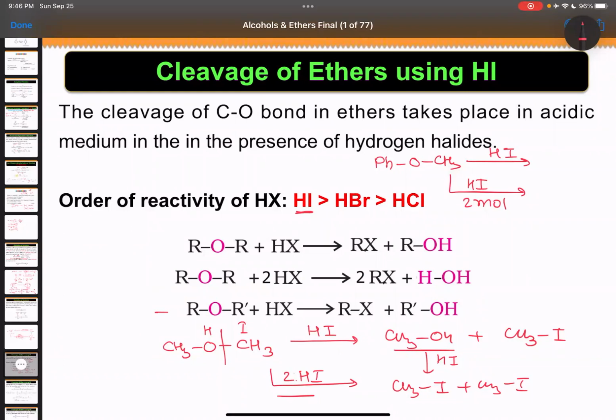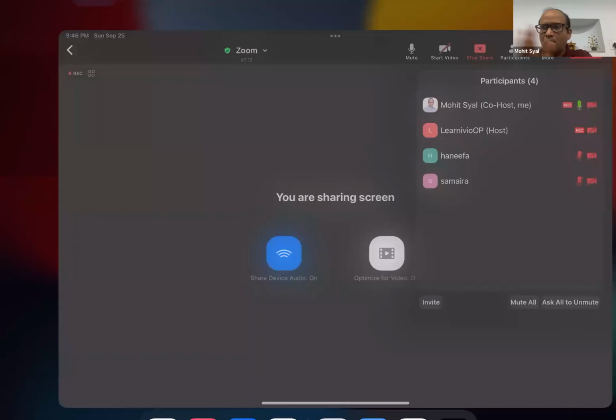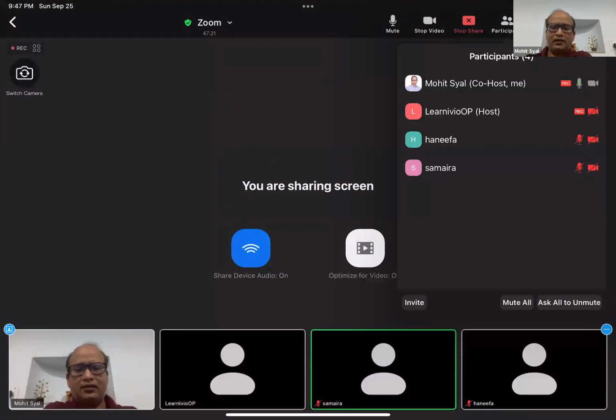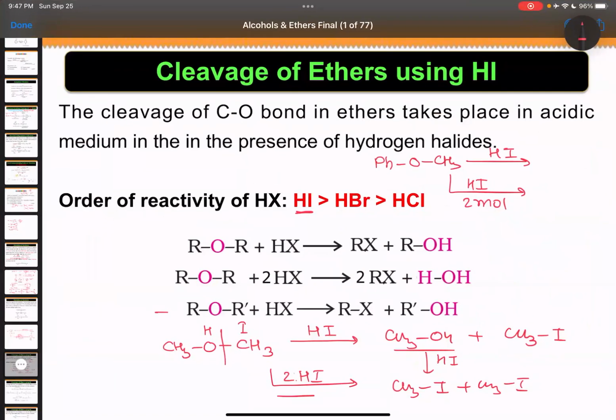Just tell me quickly. This is a very basic, very important question which you need to know. The question is the same as the one which we discussed for CH3OCH3, but there is a bit of difference in this. So what that difference is, tell me quickly. It is a small thing you need to remember. In fact, I think you know, you just need to recall it in your mind.